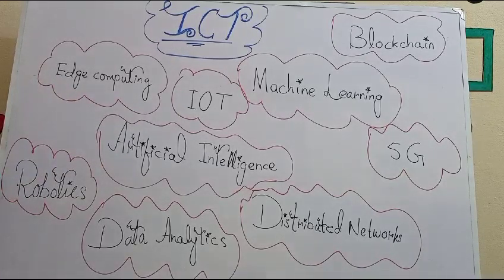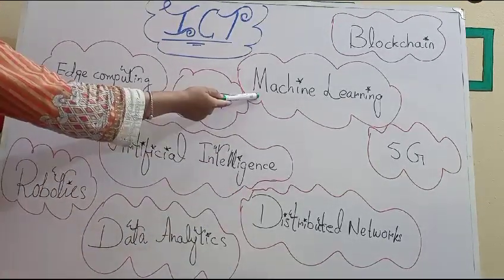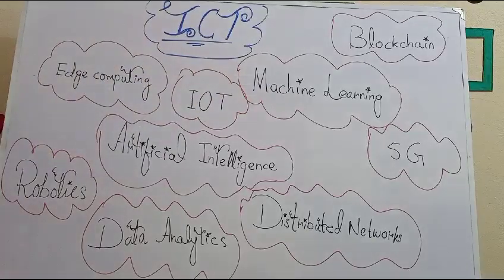The youth have very much interest in robotics, data analytics, distributed networks, machine learning, 5G and blockchain. So friends, in our next videos we are going to learn about these different technologies in detail.